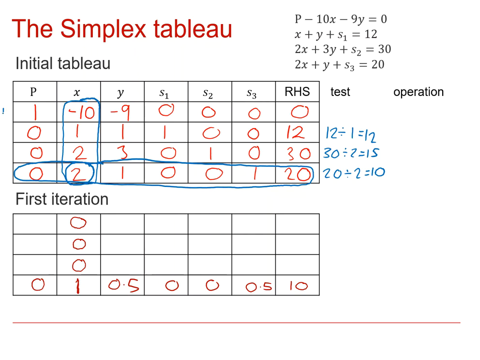Everyone has their own way of doing the labeling. As long as it's clear what your notation is, it's not actually that important. But I tend to just use a lowercase r and a subscript. So that's row 1, row 2, and so on. So I have labels for all the rows that I can see. And here I'm going to record the operation. So I've created row 8 by taking row 4 and dividing it by 2.